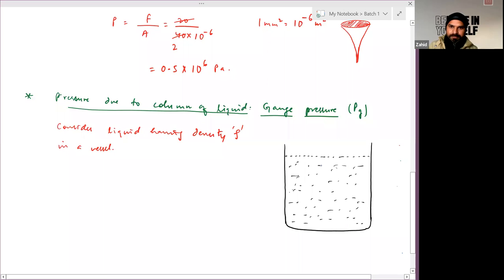But we are considering pressure due to this particular fluid as accelerated by gravity.